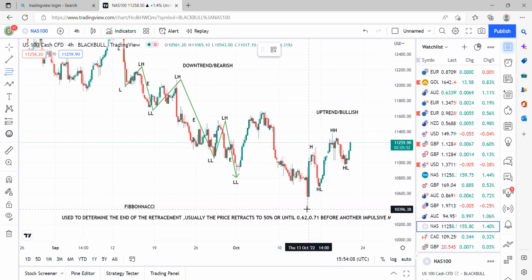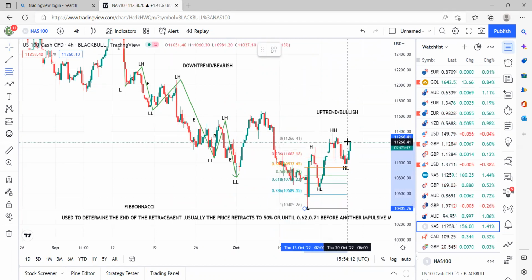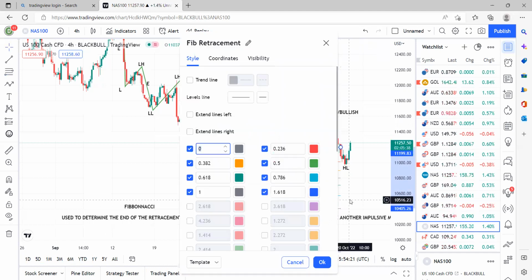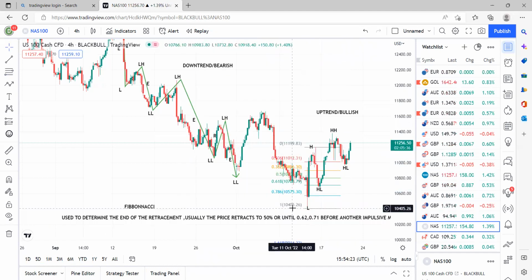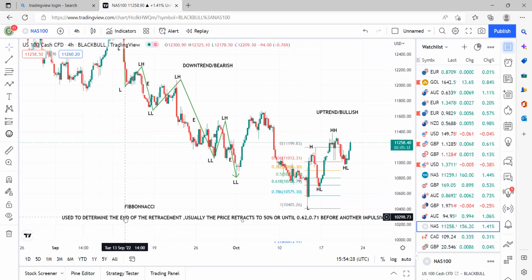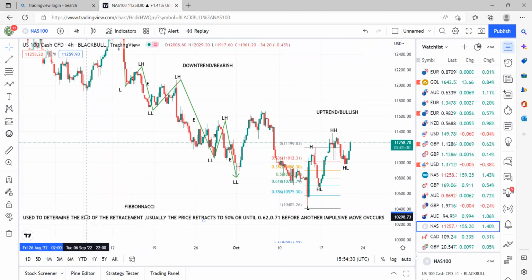We go to our lowest point all the way to our highest point here. Yes, now it's clear and beautiful, 100%. And now what do we see according to what we explained here? Something that is used to determine the retracement.